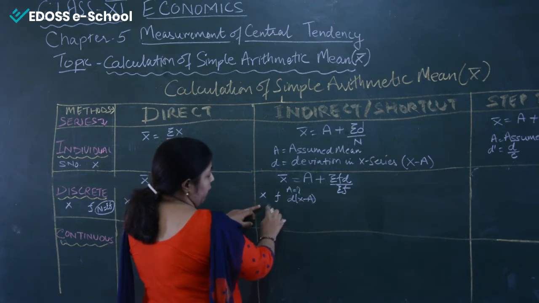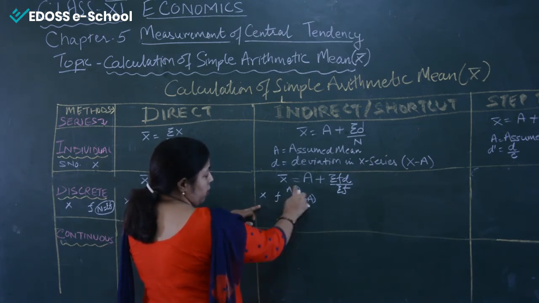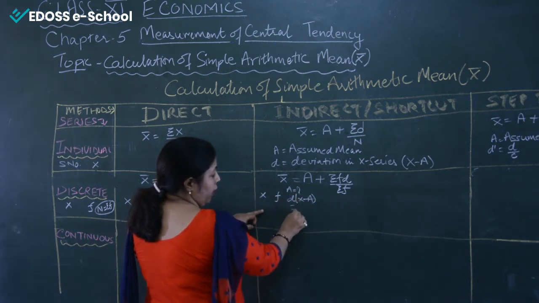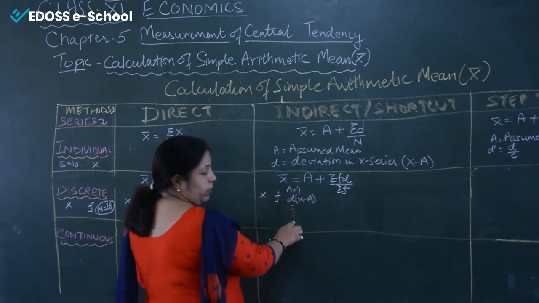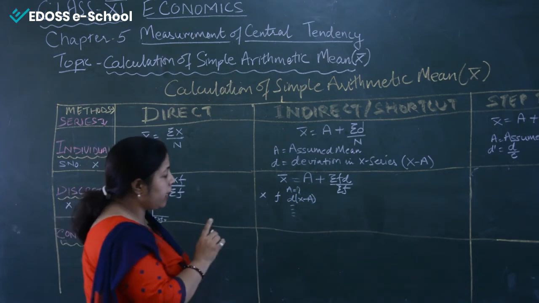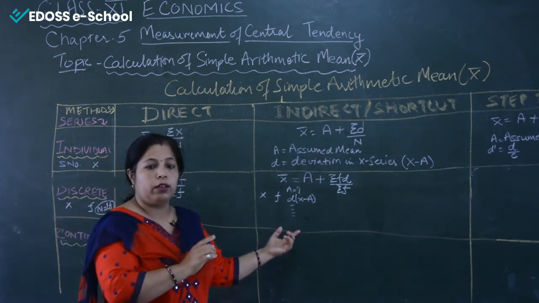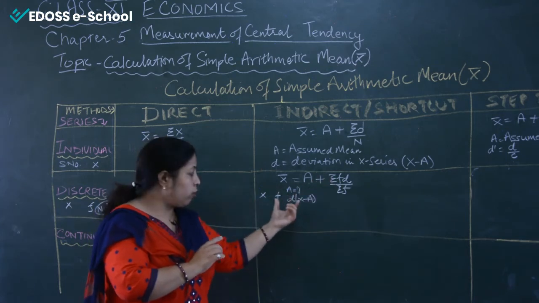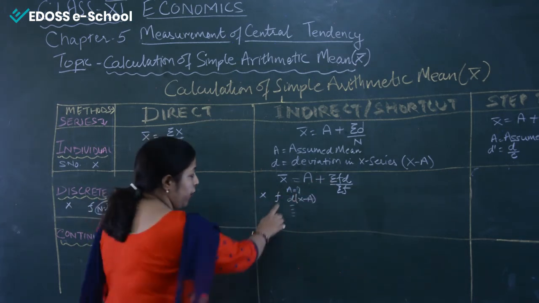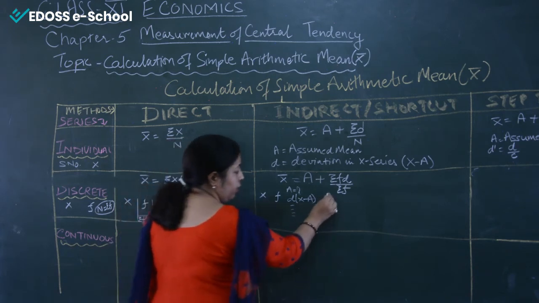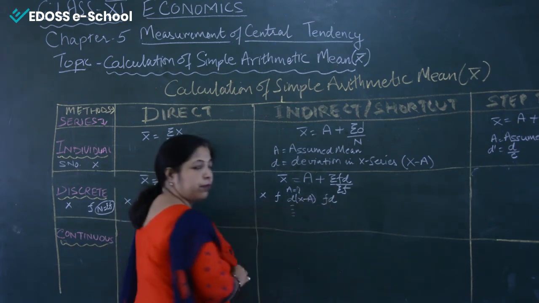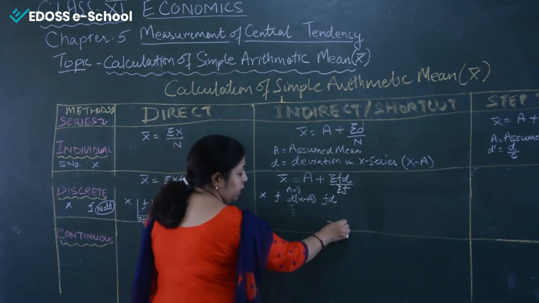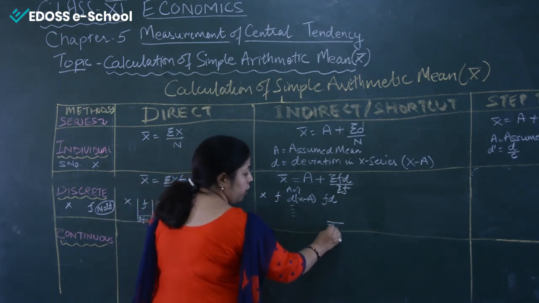We will deduct the values from A like this, from here to here, and we will write the values. That is D we will get. But we don't want the total of D, we don't want the total of F here. We want the total of FD. So now we have F, we have D. We will calculate FD by multiplying them. After multiplying them, we will get the value of summation FD.